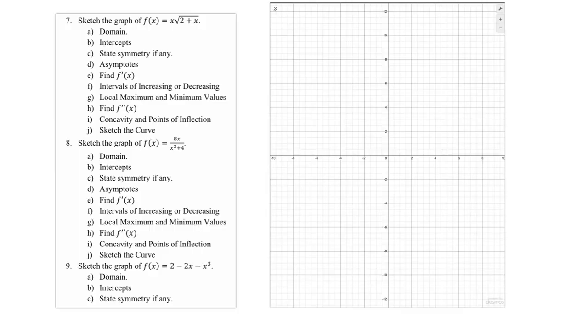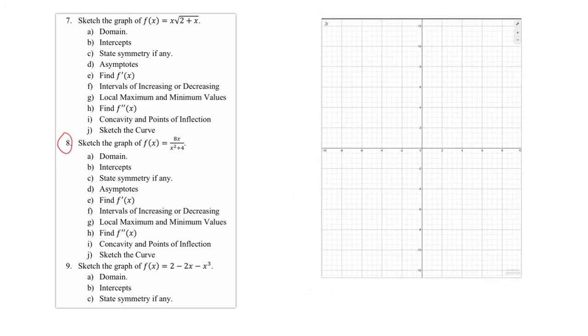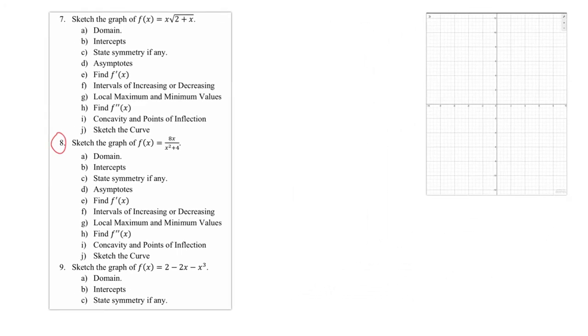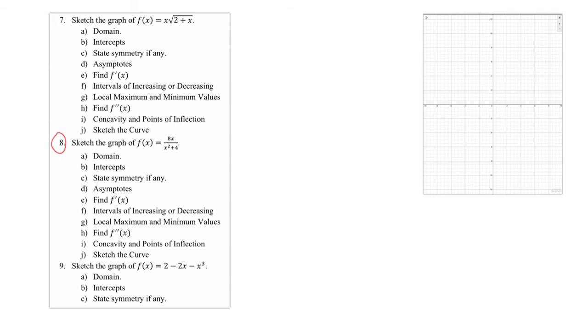Okay, problem number 8. Similar situation where we're going to find the domain. So A, find the domain. Domain would be all values of x except for the values of x that would ever cause the bottom to be 0. Now it's the case that there are no x values that would ever cause the bottom to be 0, because whatever x is, it gets squared, and that's going to result in a positive number, or 0.